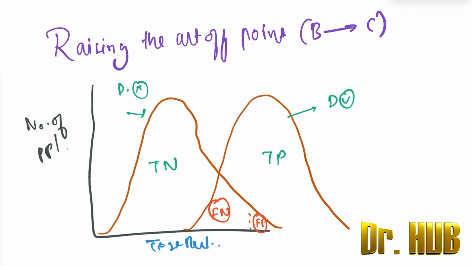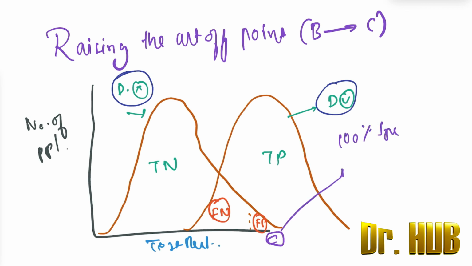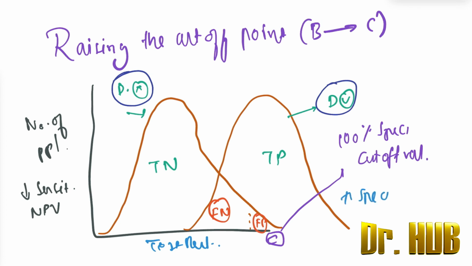And here there is C. C is the 100% specificity cutoff value, and there will be a decrease in the sensitivity and the NPV, and there is going to be an increase in the specificity and the PPV.